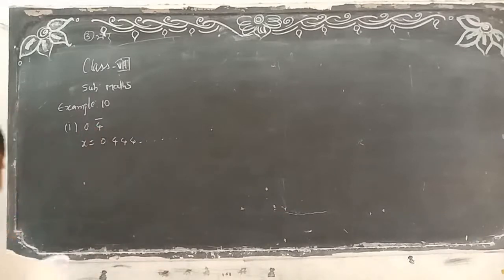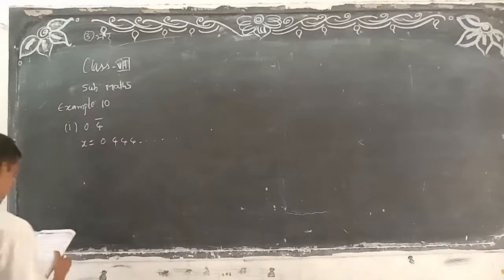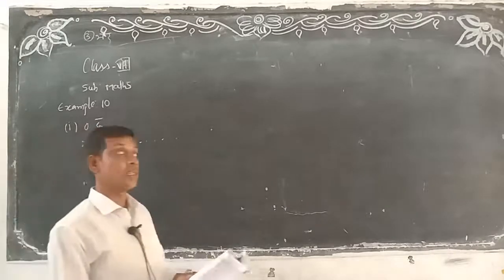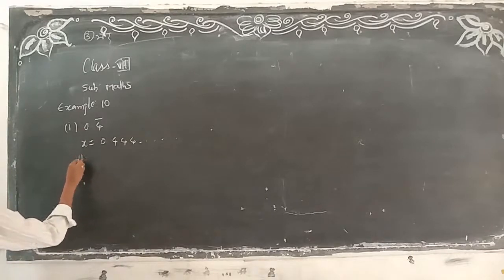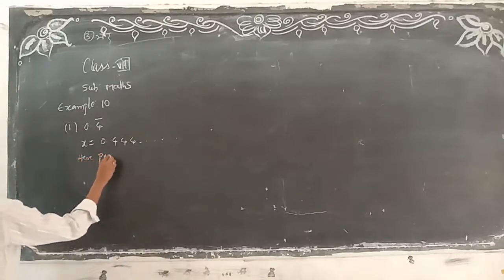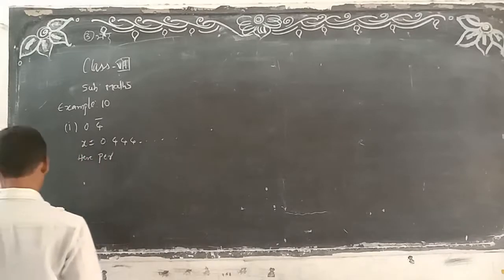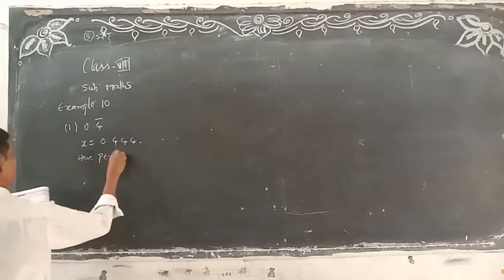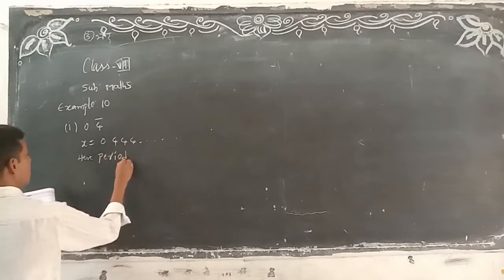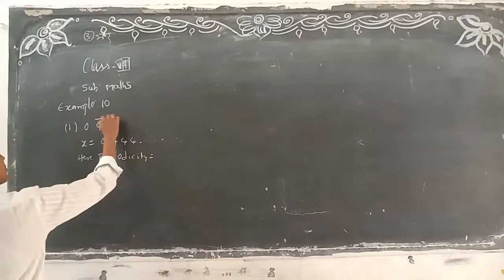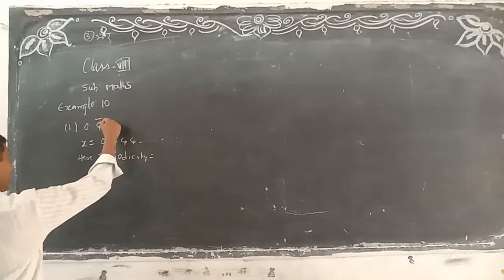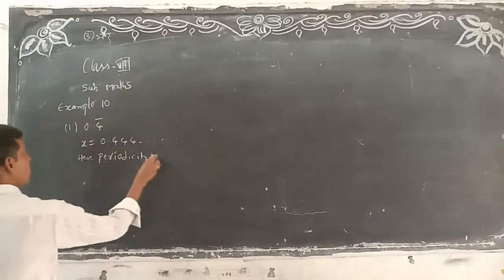periodicity. In the previous class we discussed the period and periodicity. Periodicity means what? For the number with the bar, count how many numbers are under the bar. Only one.